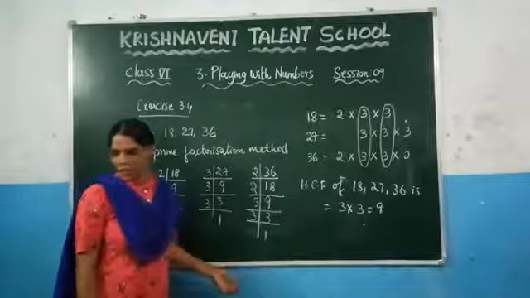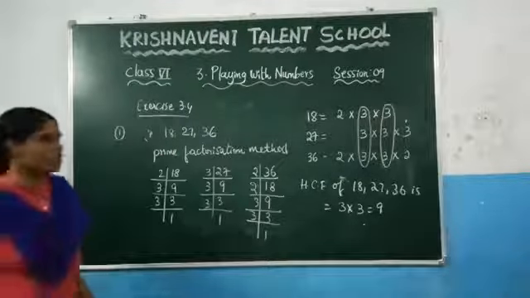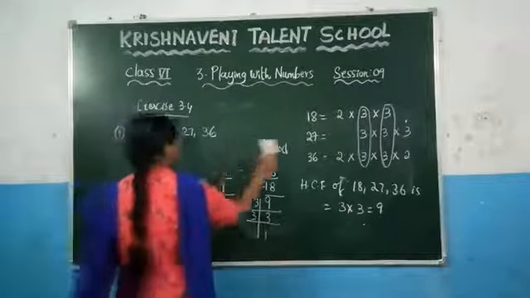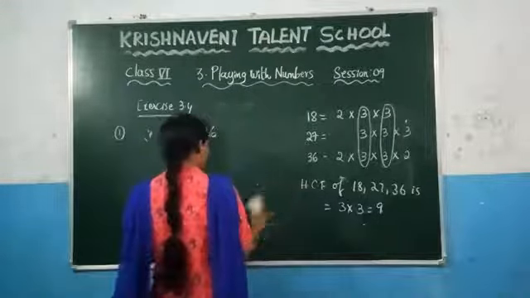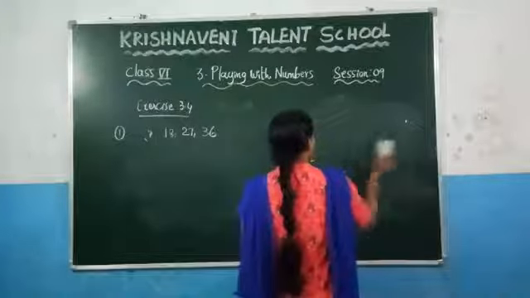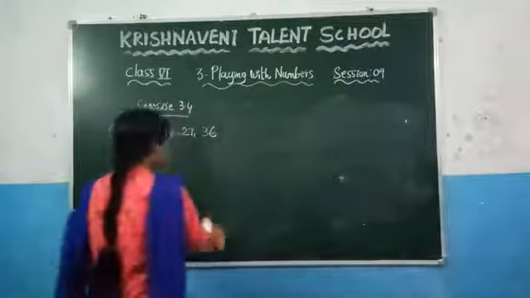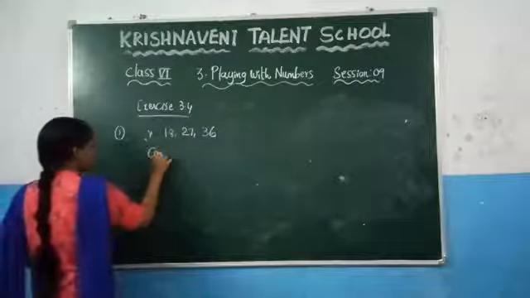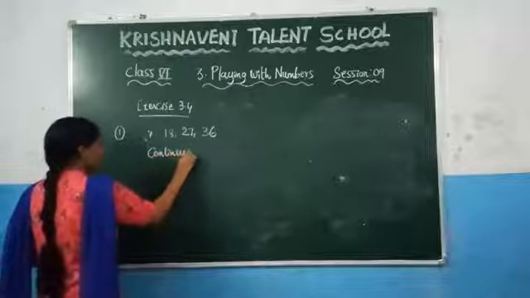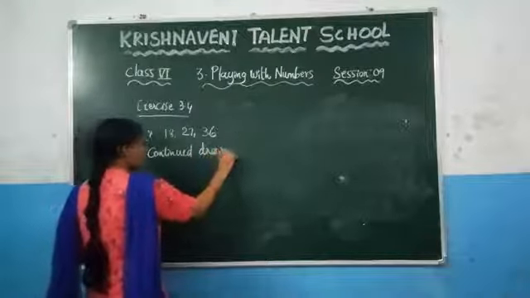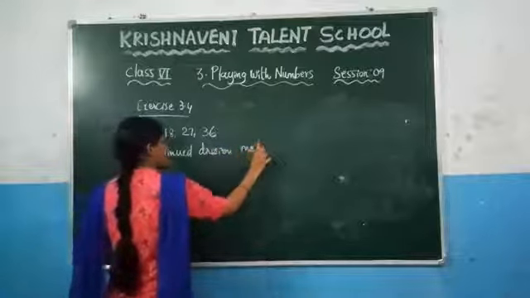Now go for the next process, the second method, which is the continued division method. In this method, you need to take the first two numbers and divide the greatest number with the smallest number.